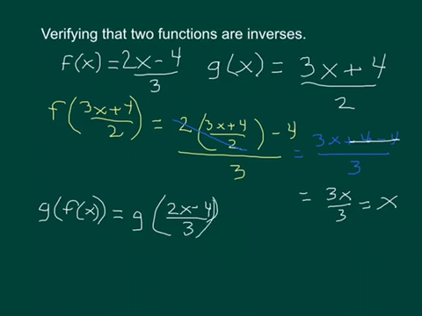We're going to find function g, which is 3x plus 4 over 2. We're going to replace that x with 2x minus 4 over 3. We are going to start simplifying. It should start just falling apart in front of us.